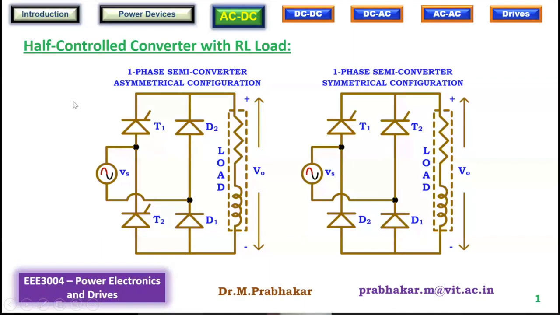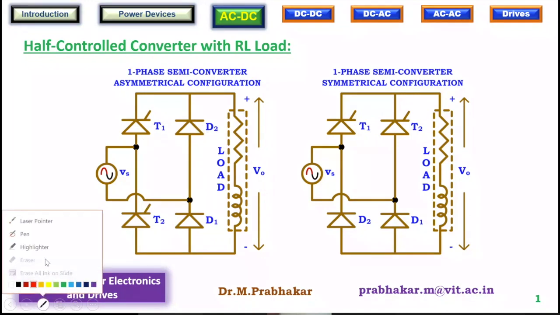This session, we will discuss the single phase half controlled bridge rectifier, or a semi converter. The configuration of a half controlled converter can be viewed in two ways. One way is the SCRs being connected in the same leg, whereas the diodes are connected in the other leg.